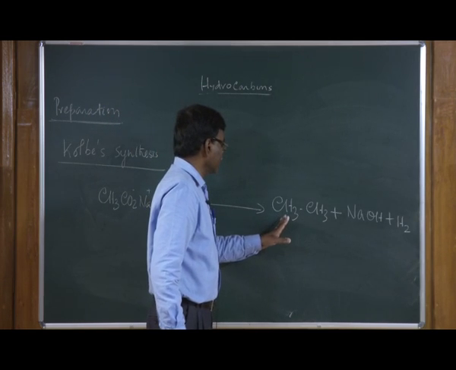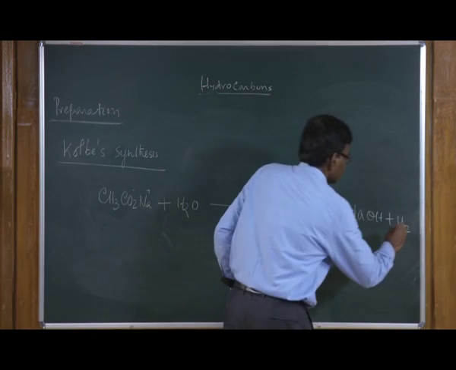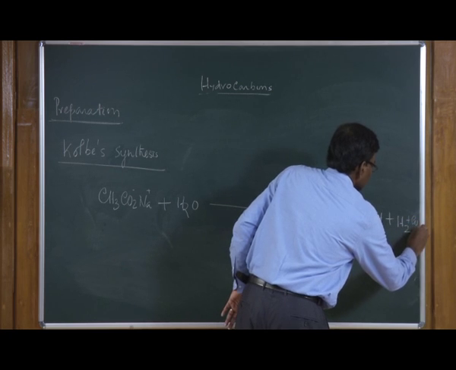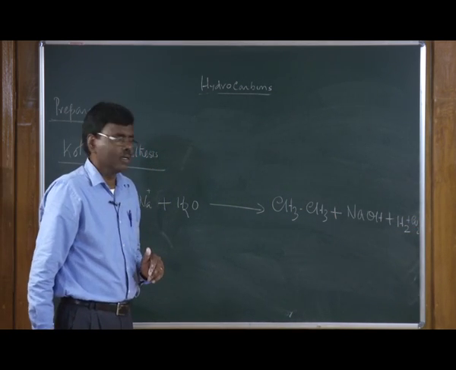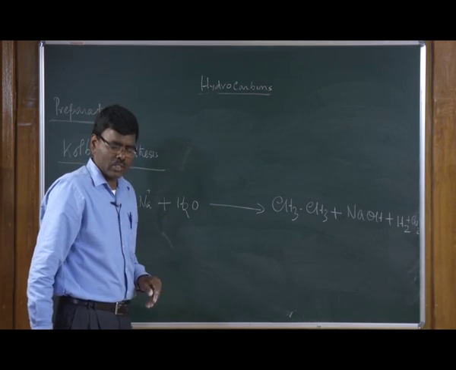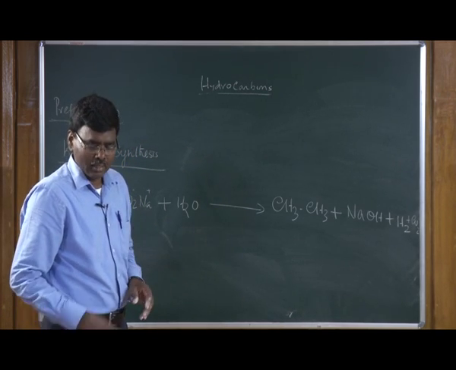Sodium hydroxide will be a byproduct. This is also a very common method to make alkanes.